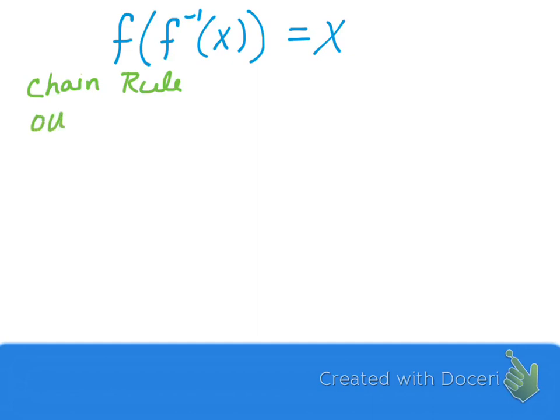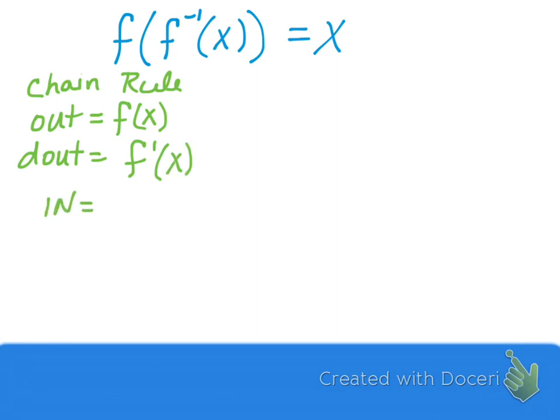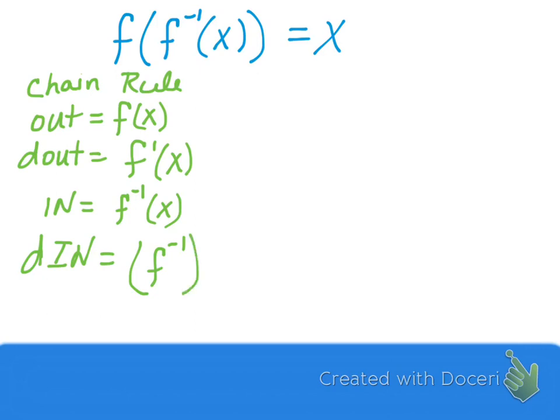The outside function is f at x, and d out equals f prime of x. And the inside function is f inverse of x. And d in, I don't know what that is, but the notation for that is f inverse prime of x. That's the derivative of the inverse function.